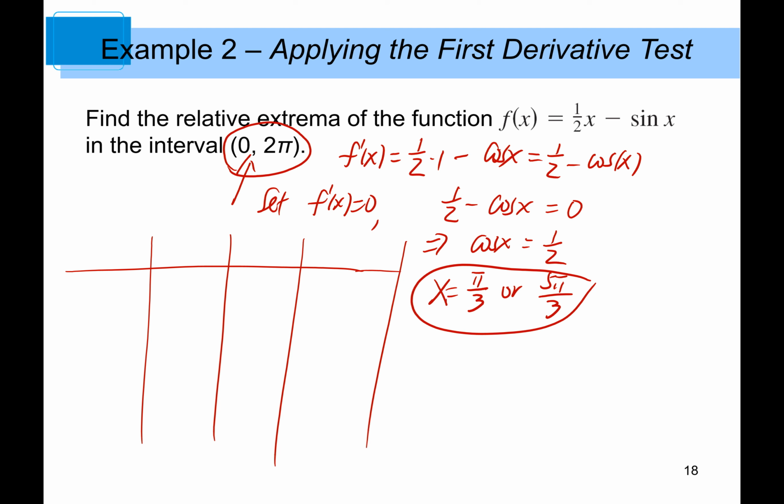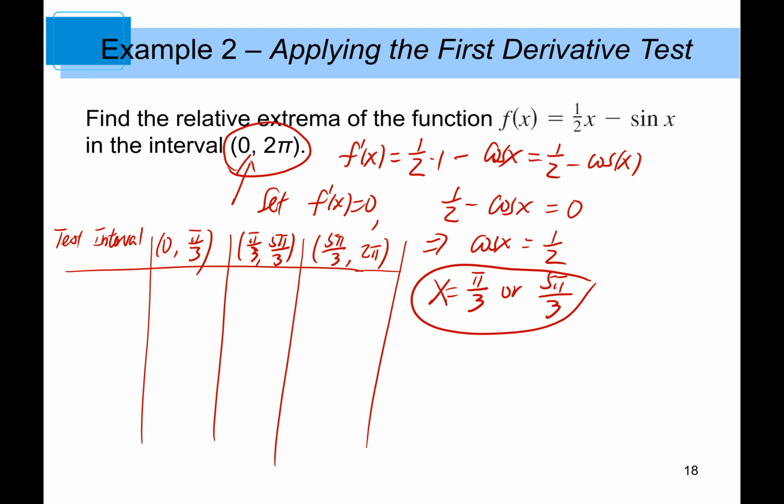So now, test intervals. The domain starts with 0 to pi over 3. Second interval is from pi over 3 to 5 pi over 3. Third interval is from 5 pi over 3 to 2 pi.